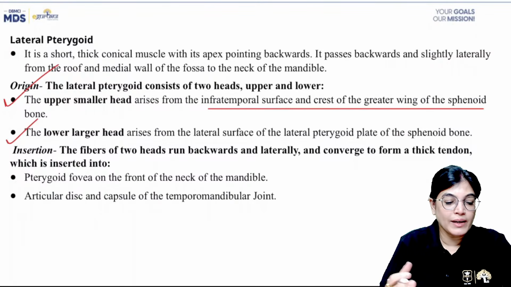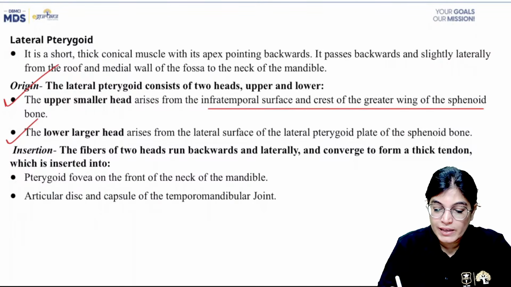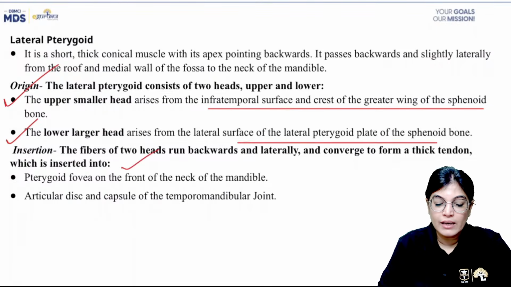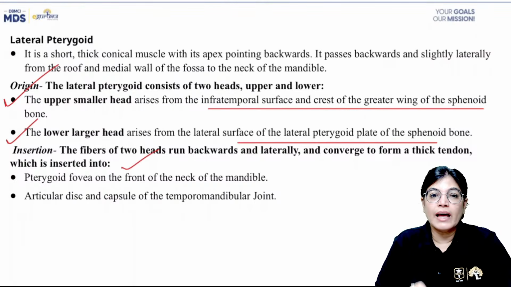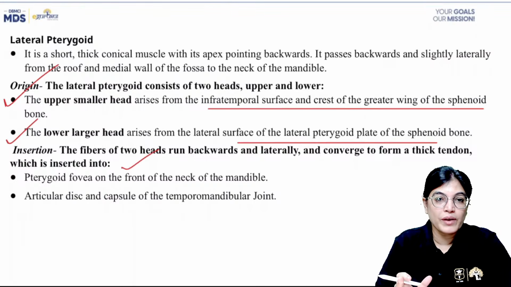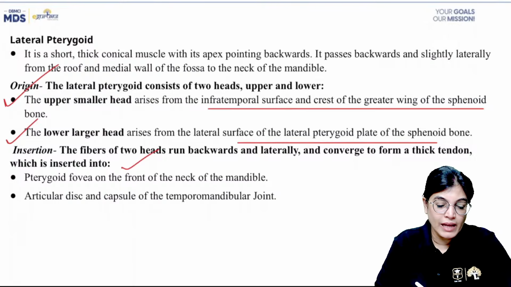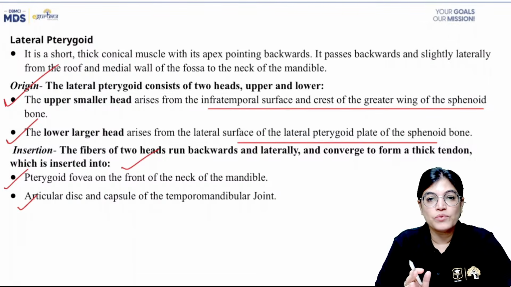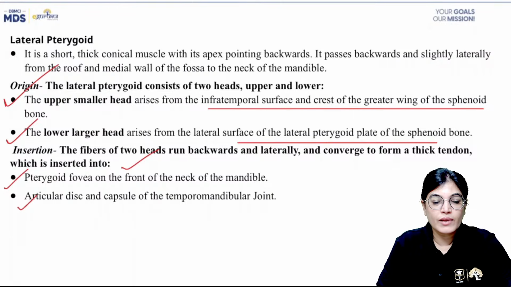The lower head arises from the lateral aspect of lateral pterygoid plate of sphenoid bone, forms a thick tendon, and inserts into the pterygoid fovea in front of the neck of mandible. It also inserts in the articular disc and capsule of TM joint.